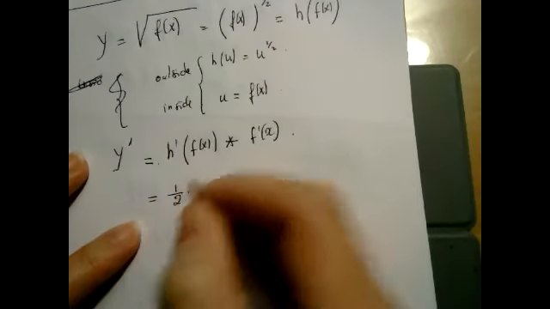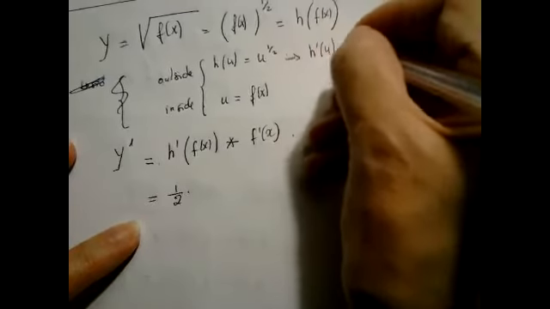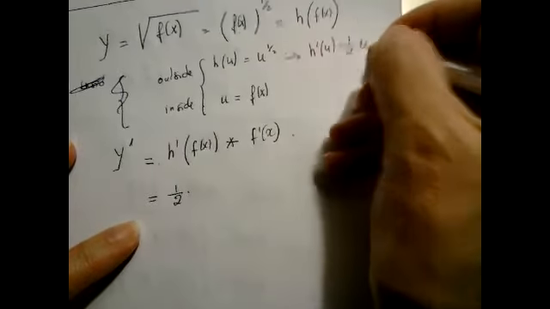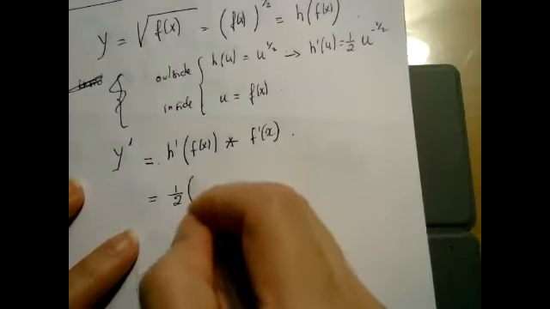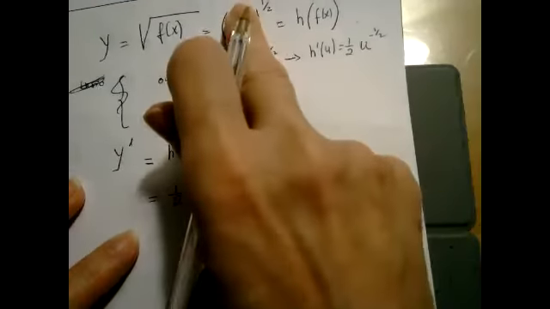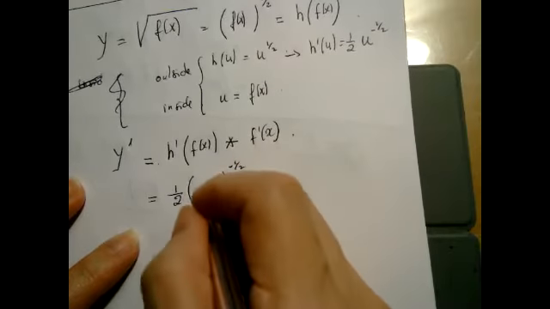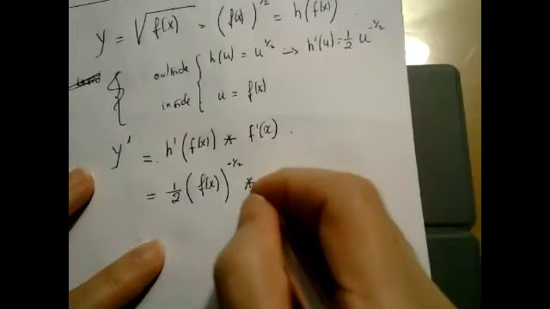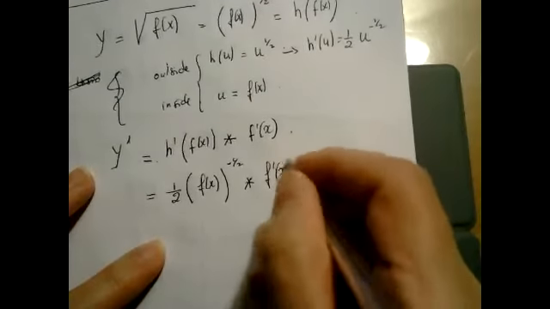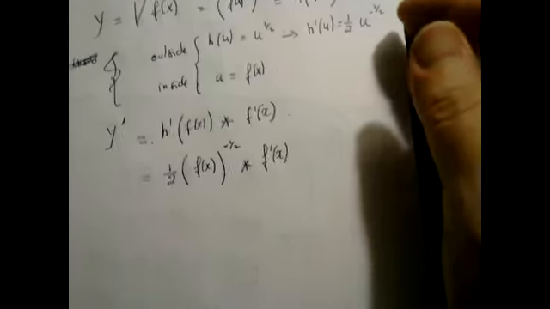It's a half u to the half minus 1. Right here, it is the f of x function times f prime. Now we have to keep f prime because we don't know it. The idea is to express the derivative in terms of f prime.